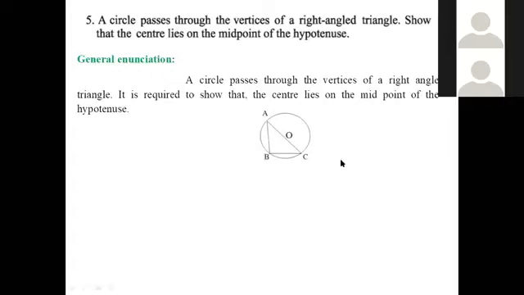A circle passes through the vertices of a right angle. It is required to show that the center lies on the midpoint of the hypotenuse. Here the hypotenuse is AC. We have to prove that the center lies on the midpoint of this hypotenuse AC.